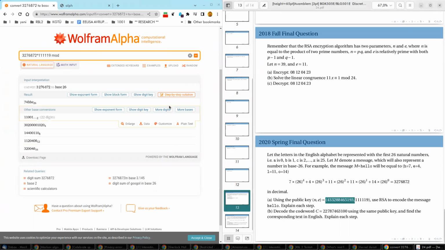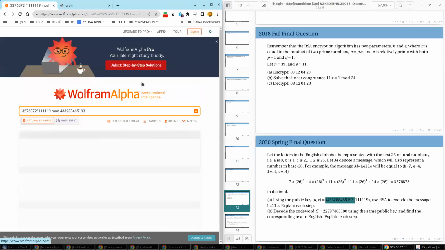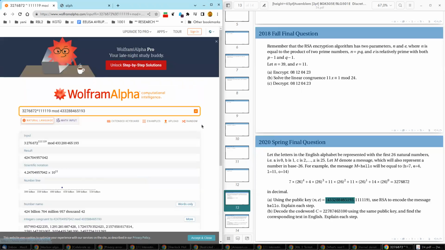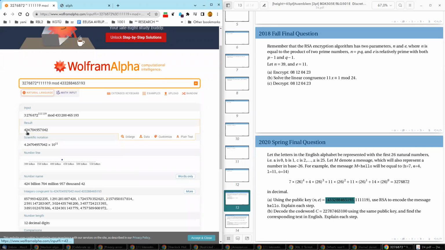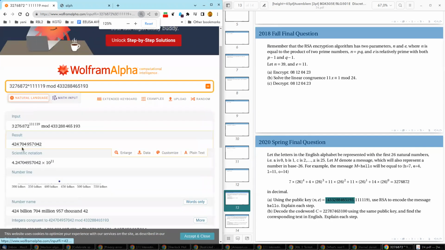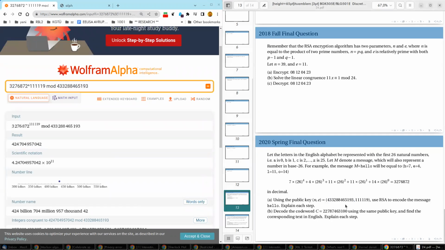So this is the n value. And when you compute this, this is the result. Okay, so this is the encrypted message, or rather the code word corresponding to the word hello under this scheme. So this is the answer to part A.